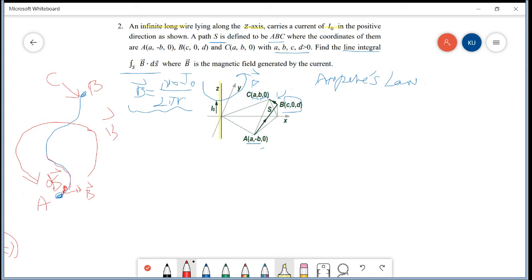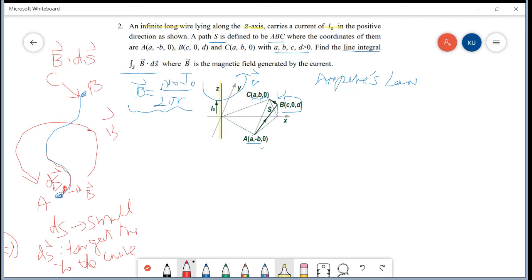The magnitude of ds is a very small number, and the direction should be the tangent line to the curve. So you can do B dot ds.